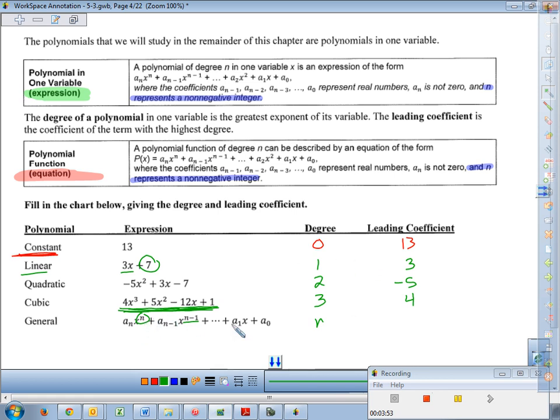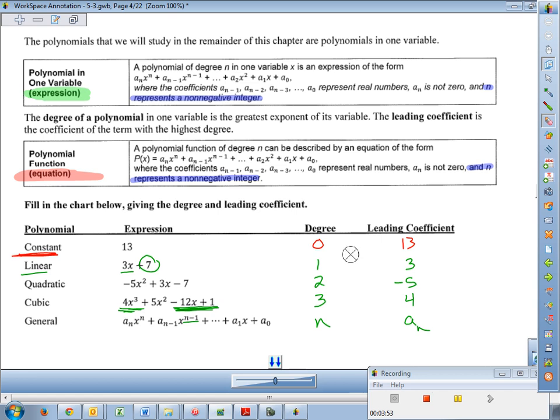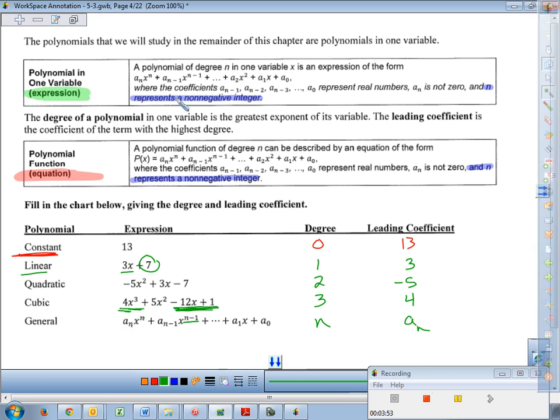What's its leading coefficient? A sub n. The subscript just says that if this is degree n, then this is the coefficient of the term with degree n. Math language is pretty complicated to read. Those of you that go on to further mathematics, eventually they'll teach you how to read that, but it's not for us to deal with now.